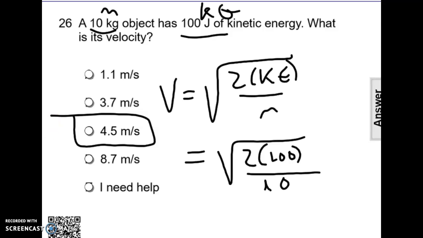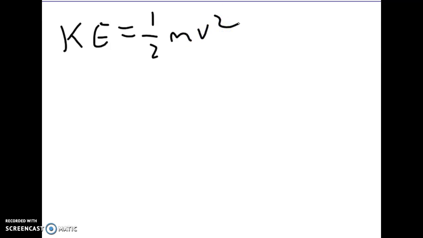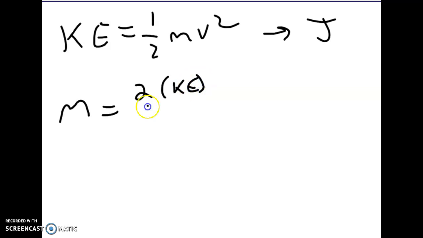All right, so just to reiterate, we know that the kinetic energy of an object is associated with motion. It's calculated by doing 1/2 of mv squared. Okay, it's measured in joules. If I want to solve it for mass, that's going to be equal to 2 times the kinetic energy divided by the velocity squared.